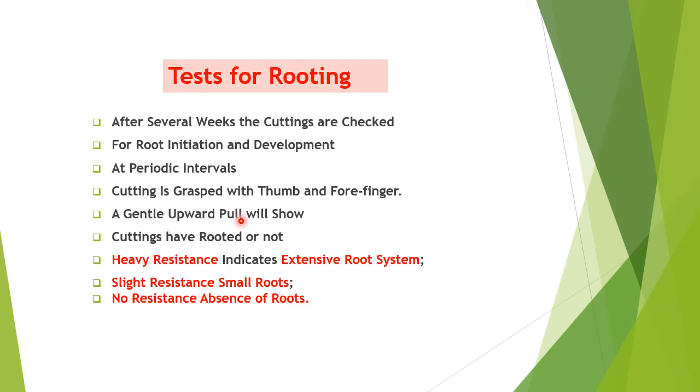You will feel if the cutting has rooted or not, because if heavy resistance is shown when you are pulling it up, it indicates an extensive root system. But if there is slight resistance, that means small roots have developed. If no resistance at all, that means absence of roots.